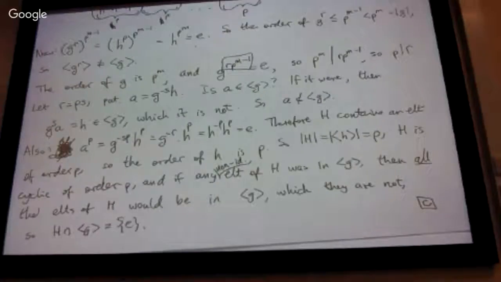Where's a coming from at all? Put a equal to g^(-s)h.